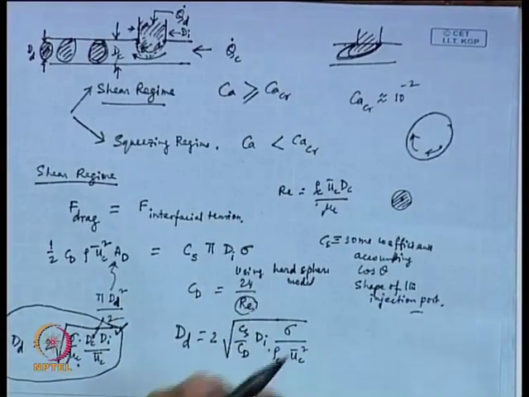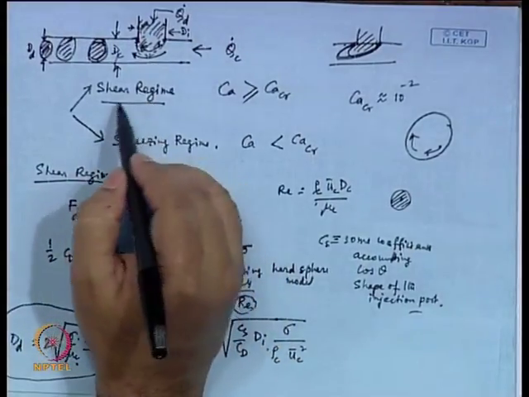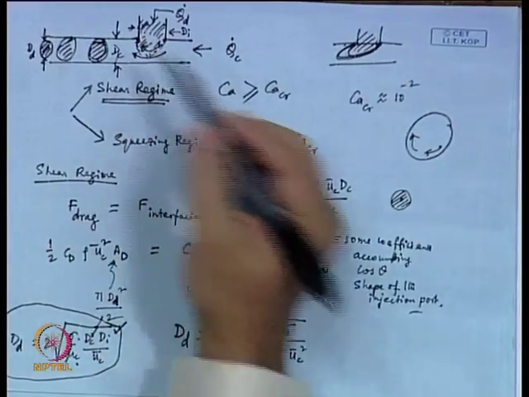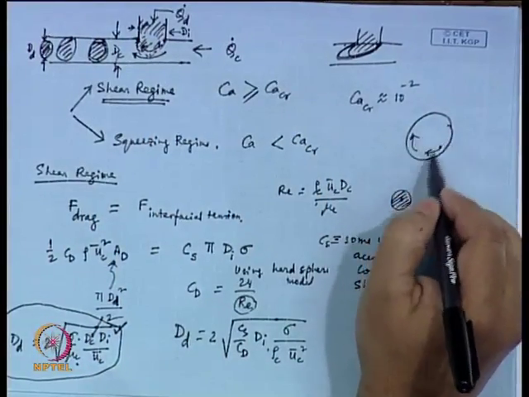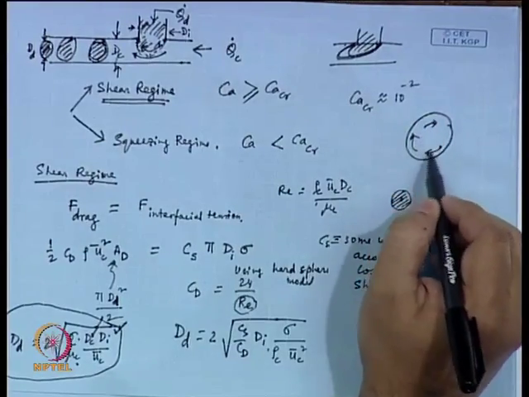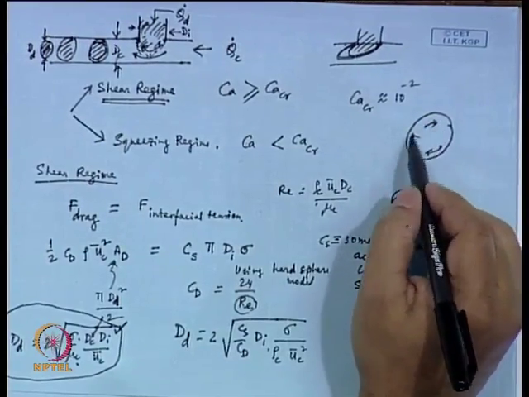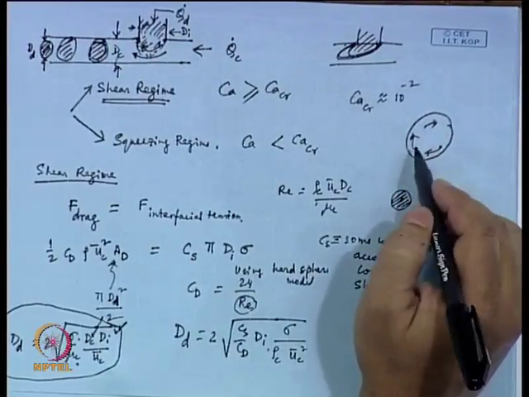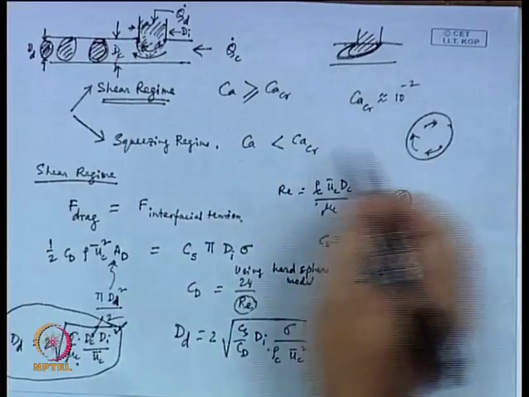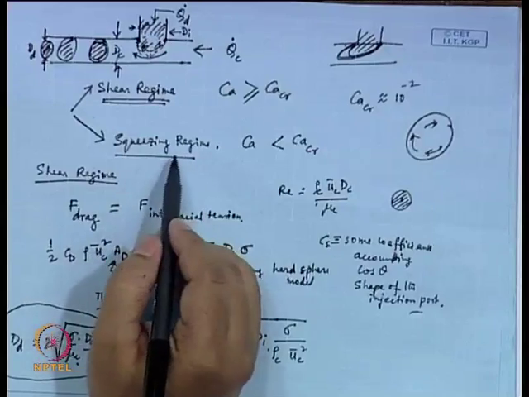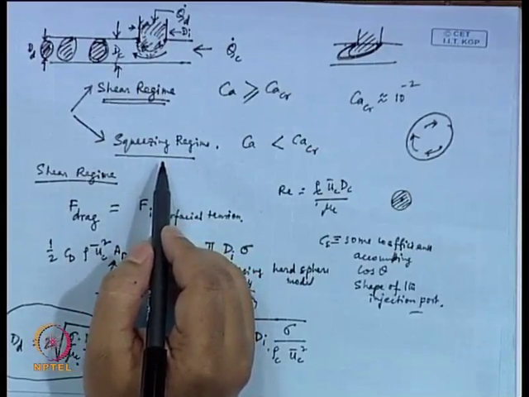Now, this once again underscores the fact that this process is shear regime. That means, since you have the shear, that is why you have caused this type of movement within the droplet. So, if somebody tries to find out the velocity vectors, he will find a substantial development of vortex inside this droplet. On the other hand, in case of squeezing regime, I do not expect shear to get into this.